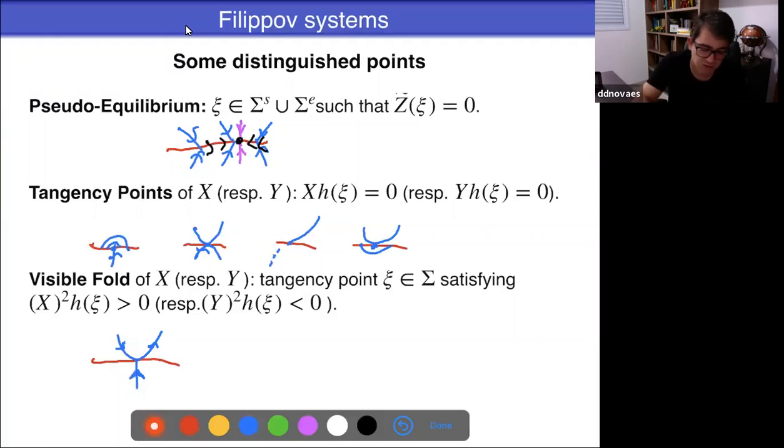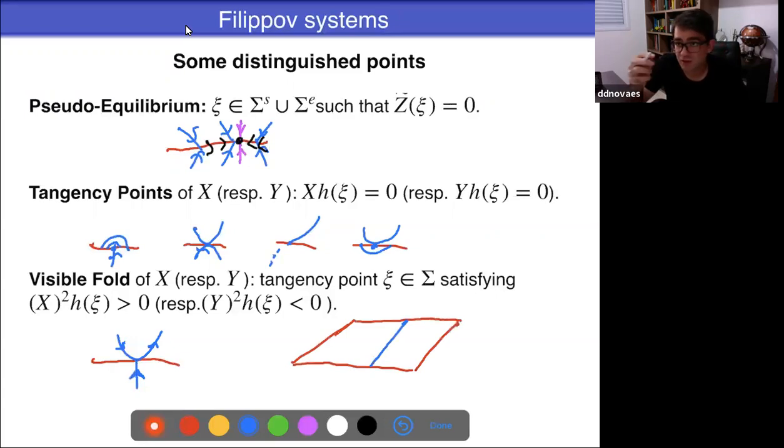This situation can happen also in higher dimensions. For instance, if we have a three-dimensional vector field, in a point of fold contact, you actually have a whole segment of fold contact. So here, the trajectory behaves like this.